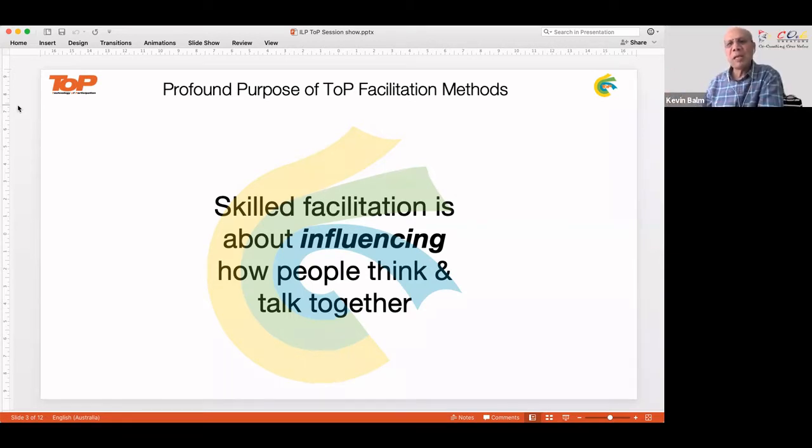Central to ToP is to underpin the conversations that people are having, particularly conversations of significance to their present and their future.